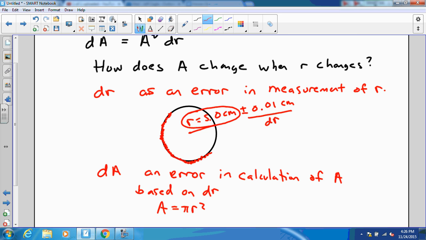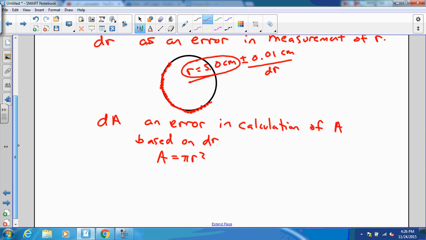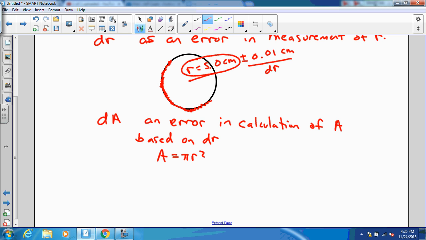In other words, I calculated area equals pi r squared, but it turns out that my r is not a sharp, precise value, but instead is a slightly fuzzy value. It's r plus or minus dr. So how much does that affect my calculation of A?